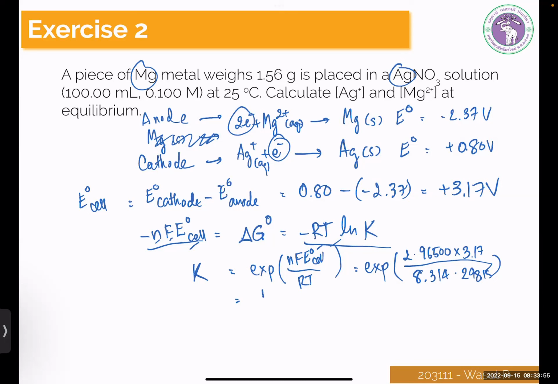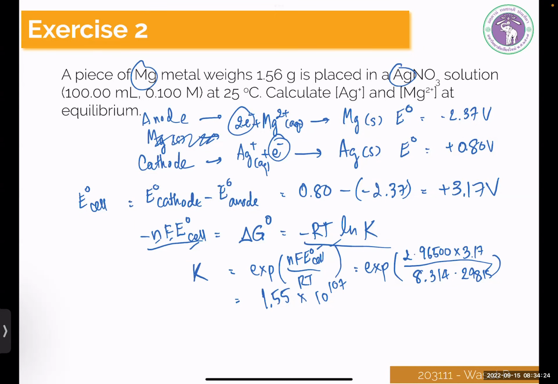It will be 1.55 times 10 to the 100 or so. That's a very large number. Since K is very large, you can try using the ICE table that I taught you in the equilibrium chapter to find the equilibrium concentrations. But with this large equilibrium constant, I expect that you won't have any or barely any reactant left. You will be left with mostly the products at equilibrium.